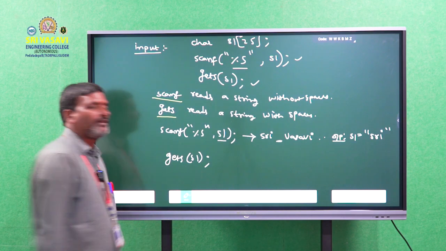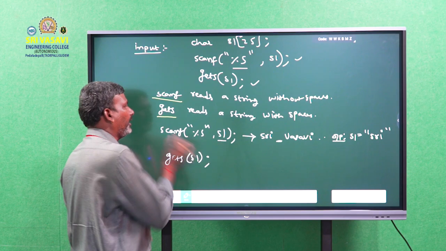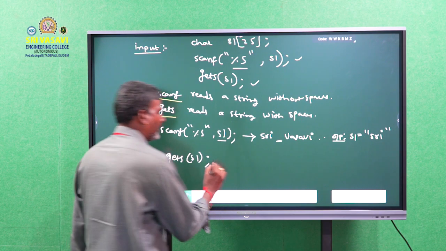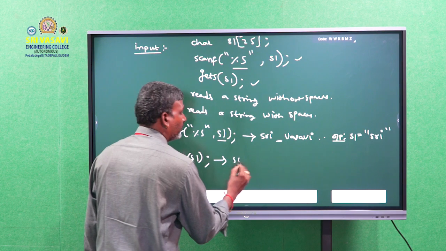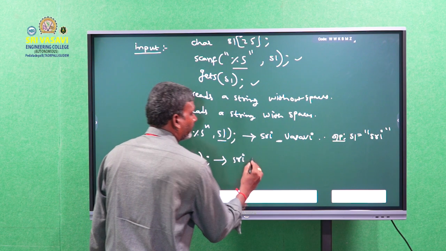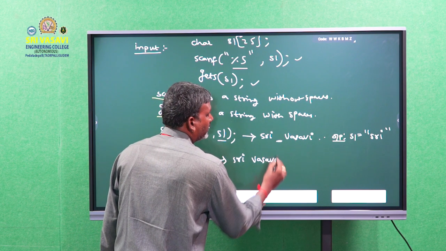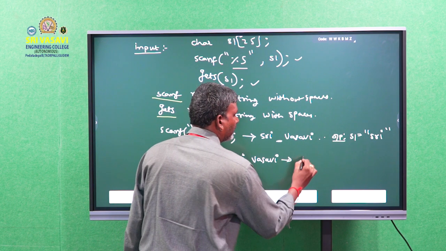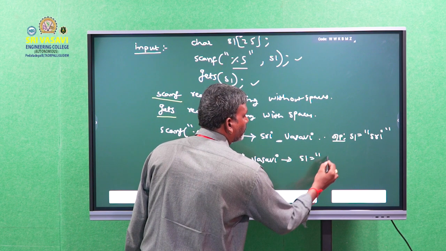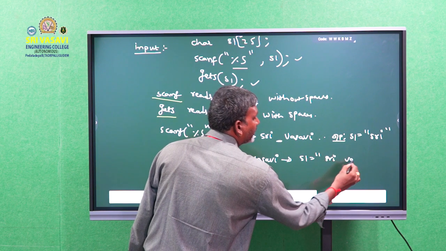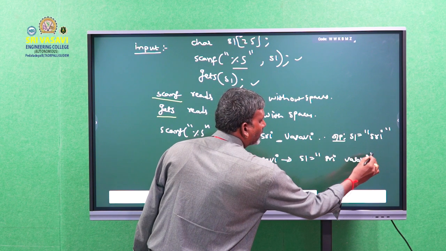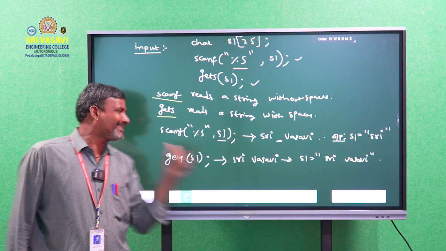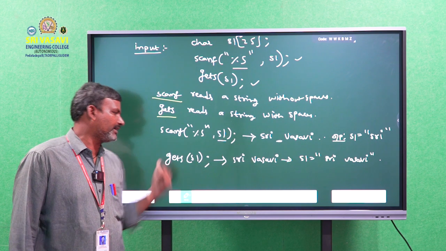And then gets. Gets is one of the important functions, used to read a string including spaces. By using the gets statement, I want to enter Sri Vasavi. Without any hesitation or errors, S1 contains Sri space Vasavi. This is the main difference between scanf percentage s and gets of S1.